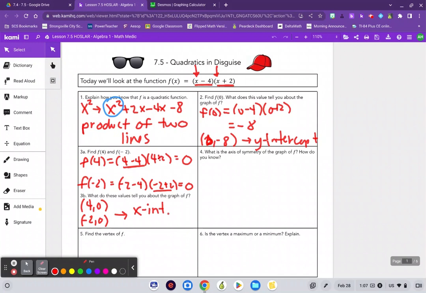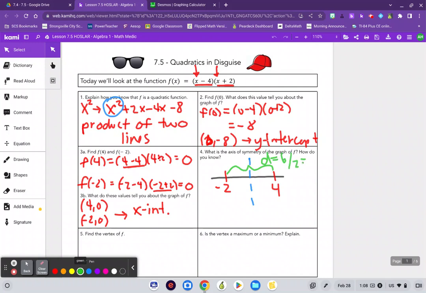4 says, what is the axis of symmetry and how do you know? When we talked in the last section about axis of symmetry, we talked about making that number line. In this case, I know that my x-intercepts are at negative 2 and 4, and my job is to figure out what that middle number is. There are two ways I could do that. I could figure out the distance between these numbers. That distance is 6.